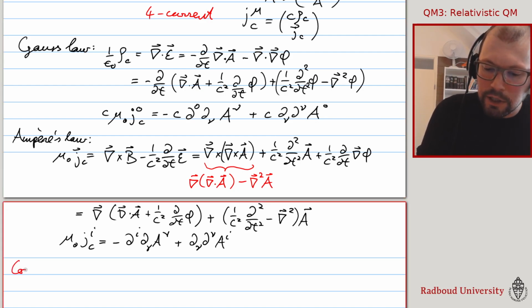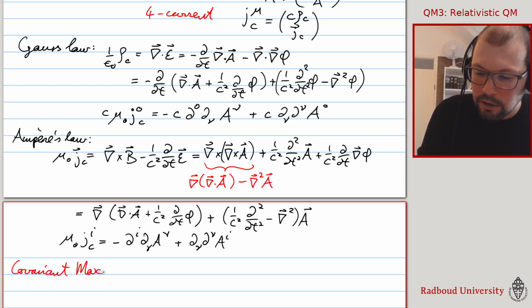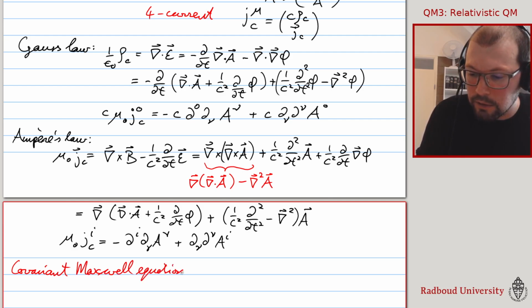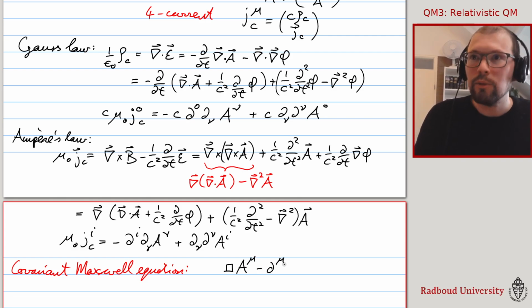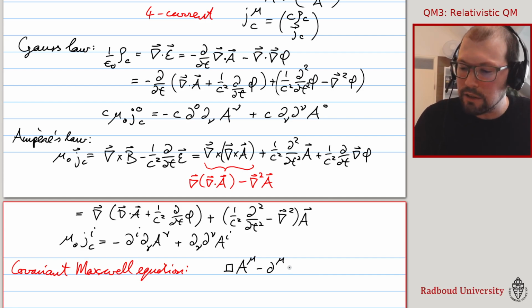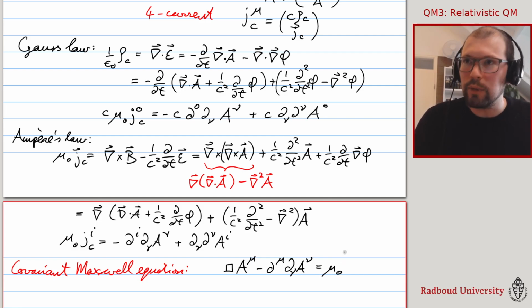So we read off the covariant Maxwell equation in this form: the D'Alembert acting on the four-potential minus the four-gradient of the four-divergence has to be equal to the permeability times the four-current.